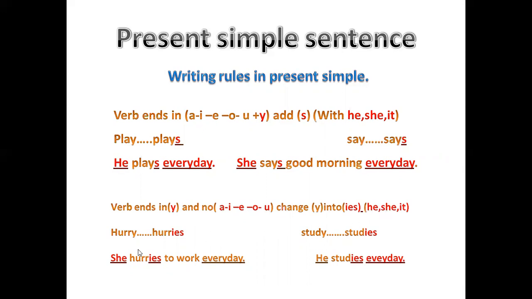For example, hurry, hurries. Pay attention here: we cut the Y and changed it to IES. For example, she hurries to work every day. Study. We have D before the Y. So we changed Y to IES. He studies every day.